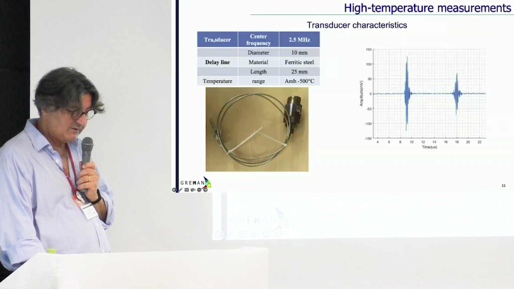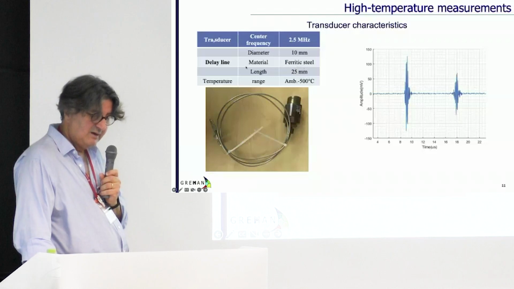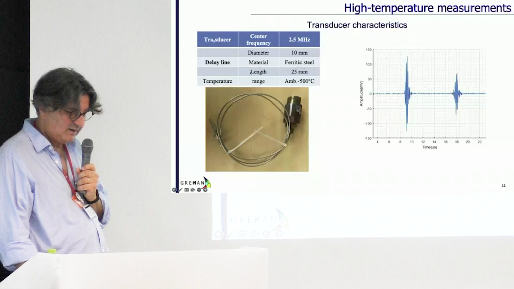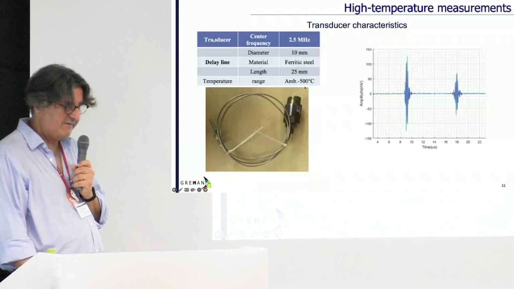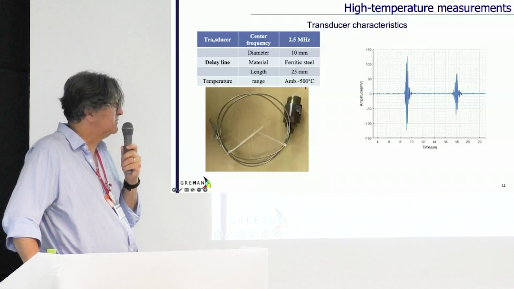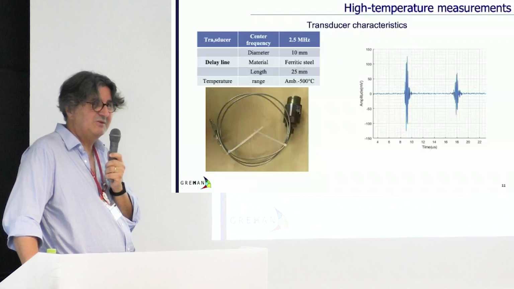It has a center frequency of 2.5 megahertz, a diameter of 10 millimeters, steel. In fact, this transducer is mounted on a delay line, and it can range from ambient to 500 degrees. And the point is that you cannot use this transducer more than 2 hours at high temperature.